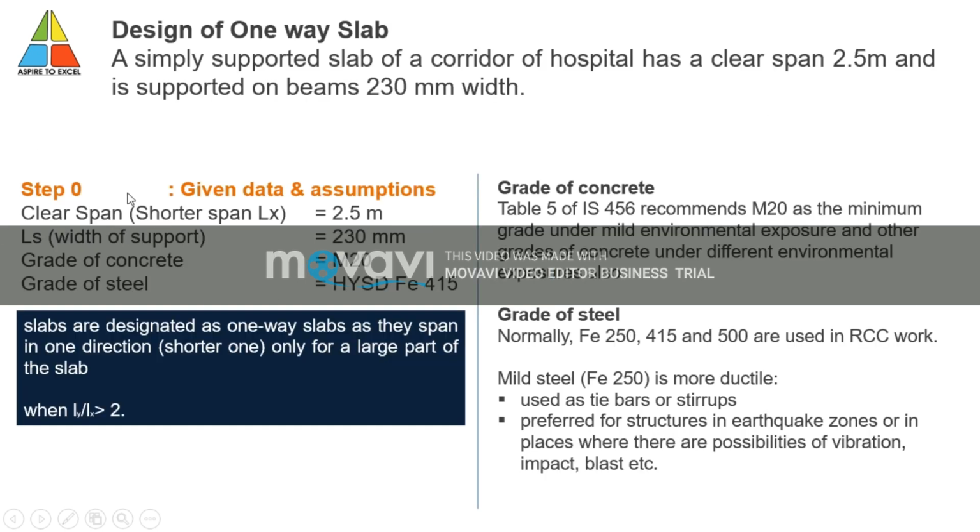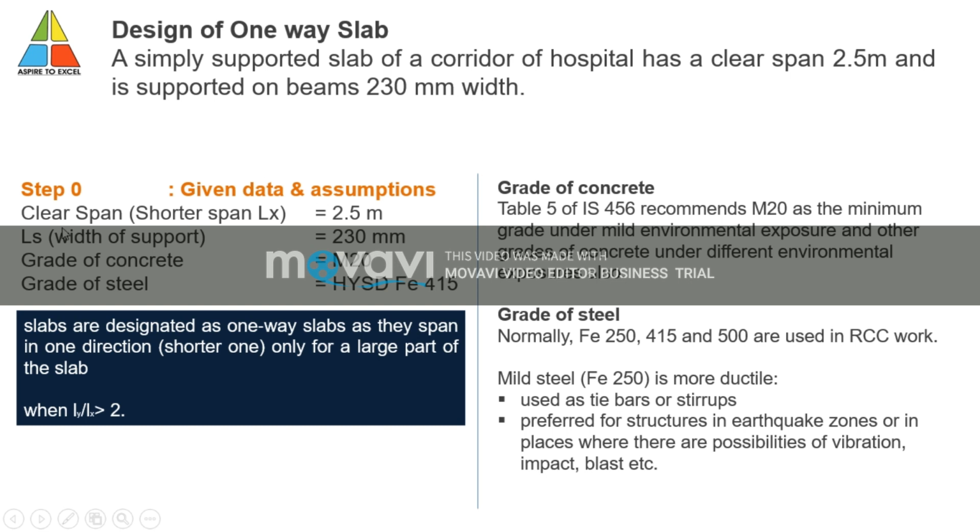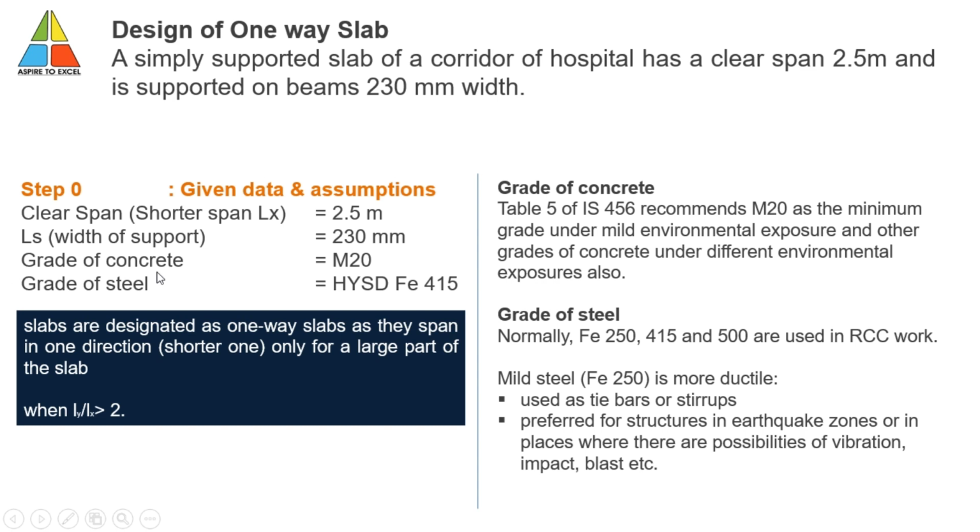I have written as step 0 to write down all the data that is given. Since it is a one-way slab, we will consider Lx, that is the shorter span, and the value is 2.5, and Ls, that is the width of the support on which the slab would be resting. It is 230 millimeter, and the grade of concrete that we will use is M20.